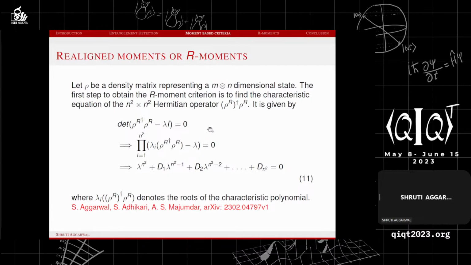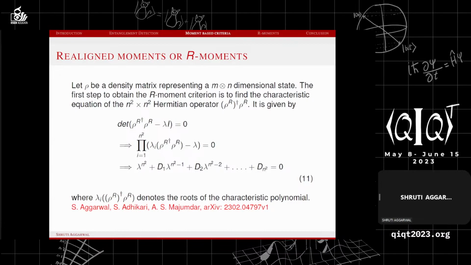If rho is a density matrix that represents an n cross n state, then the first step is to find the characteristic equation of the operator rho R dagger rho R. This is an n square cross n square Hermitian operator, and the characteristic equation is given as in equation 11, where d1, d2, up to d n square are the coefficients.